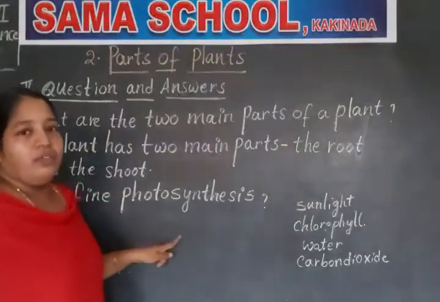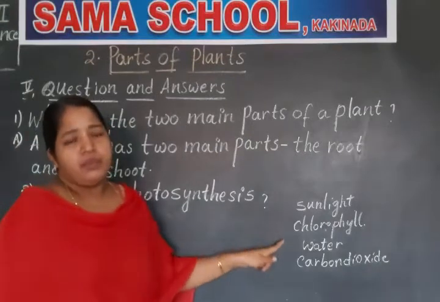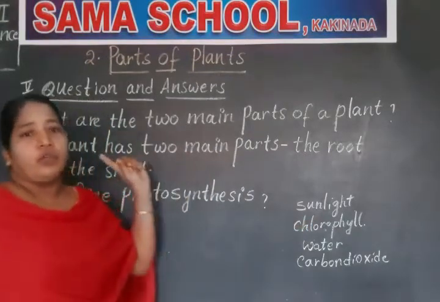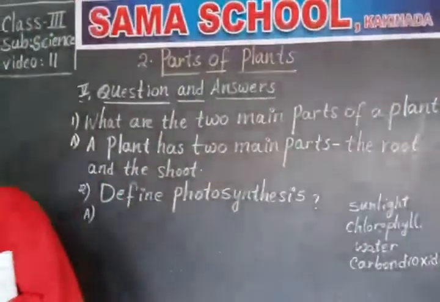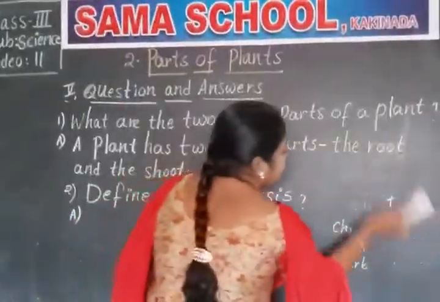So the process of making food in plants is called photosynthesis.